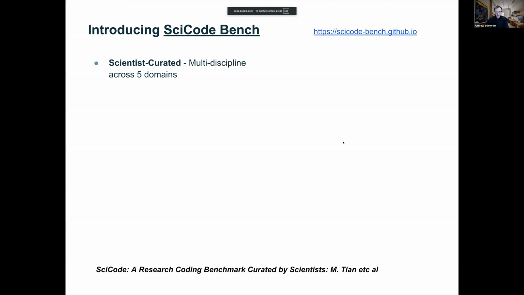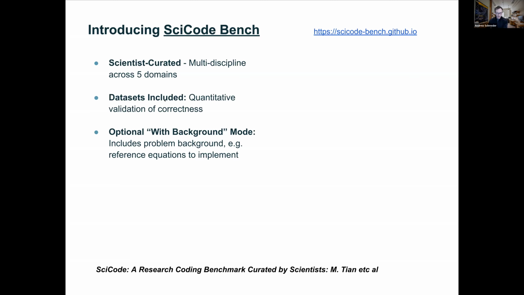So SciCode is a benchmark that's published online. You can find it at this GitHub link. It's scientist curated, with multiple disciplines going across 5 different domains. It has a quantitative evaluation of the correctness of the code.